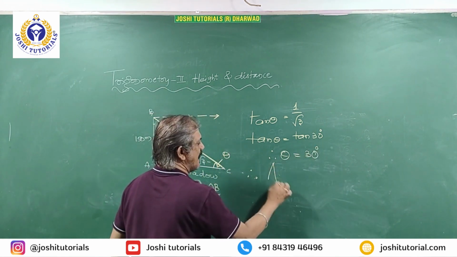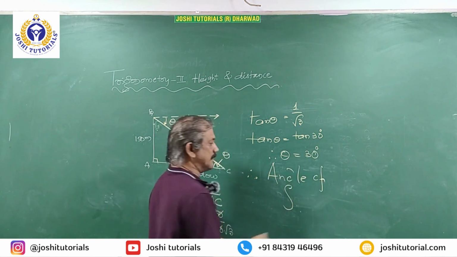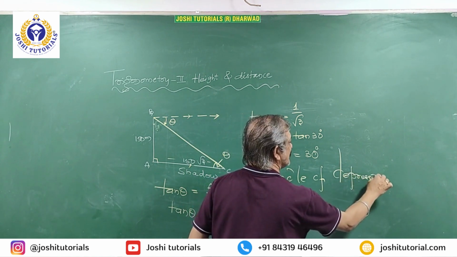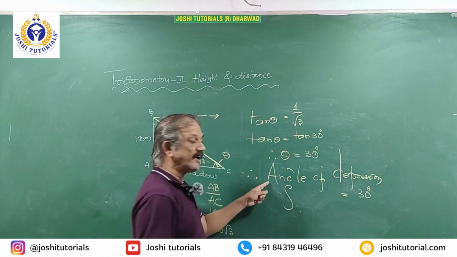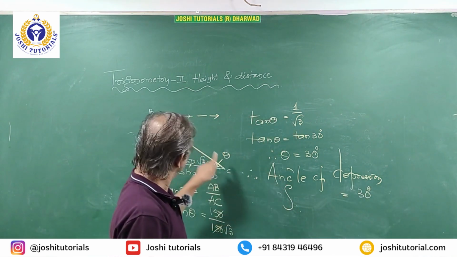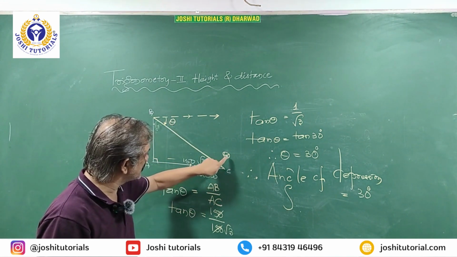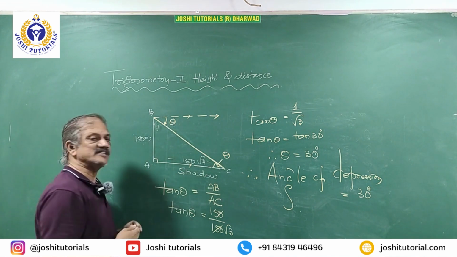Therefore, I say the angle of depression is 30 degree. You have to write this compulsorily because depression is here. We have got this theta, but both thetas are the same.